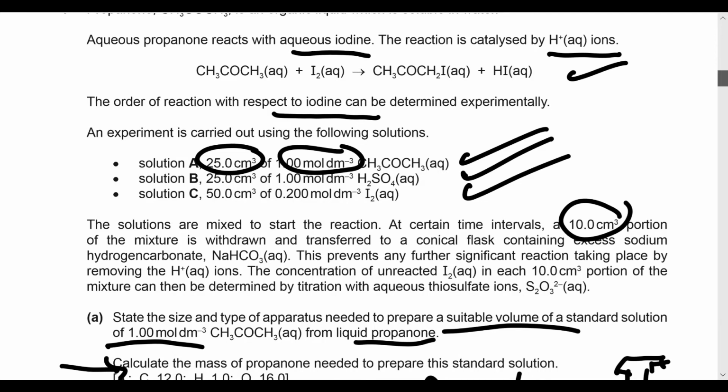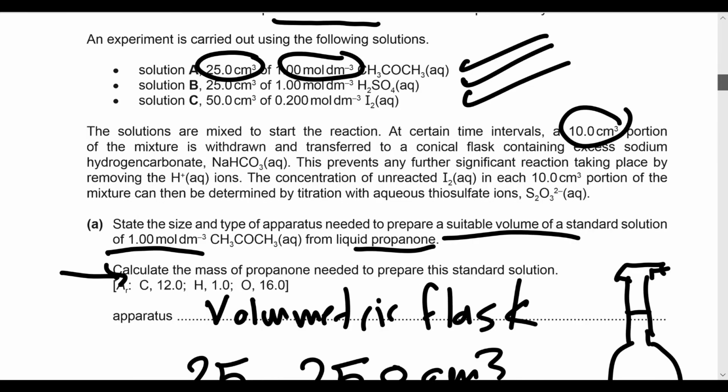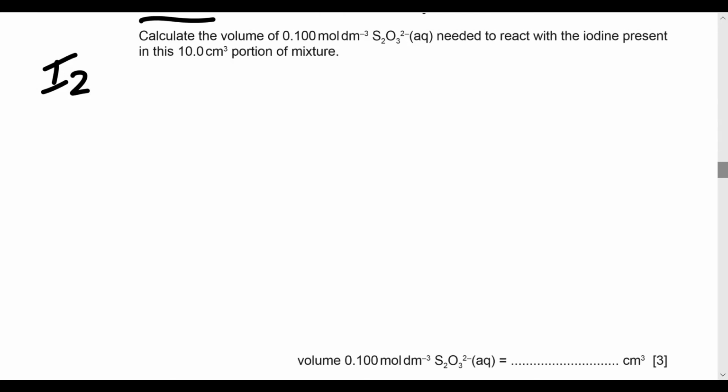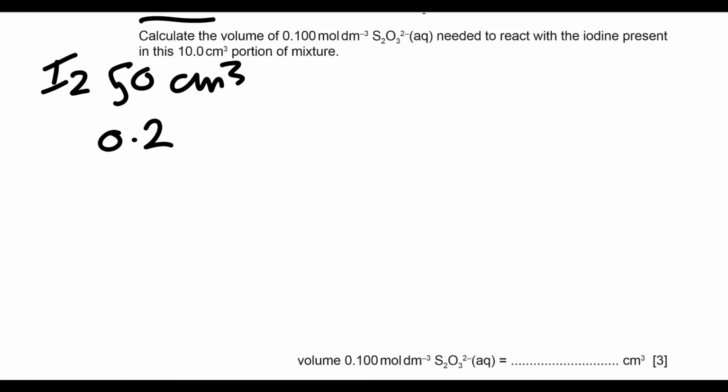The concentration of iodine: the volume is 50 cubic centimeters, and the concentration is 0.2 mole per cubic decimeter.